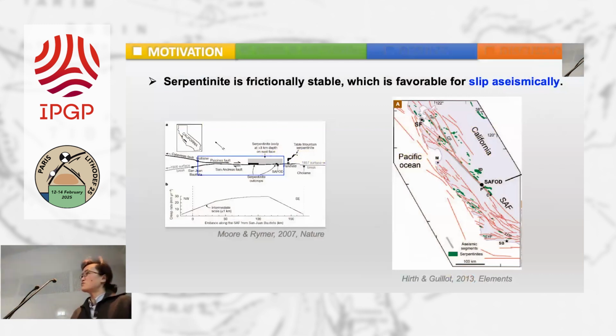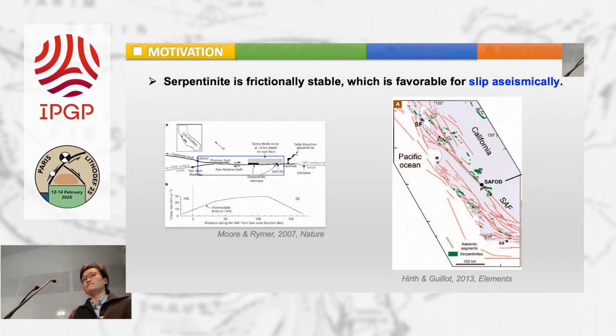The typical example of serpentinite and fault creep is the Hollister-Parkfield section of the San Andreas Fault, where the creep rate is very high, larger than 20 millimeters per year.